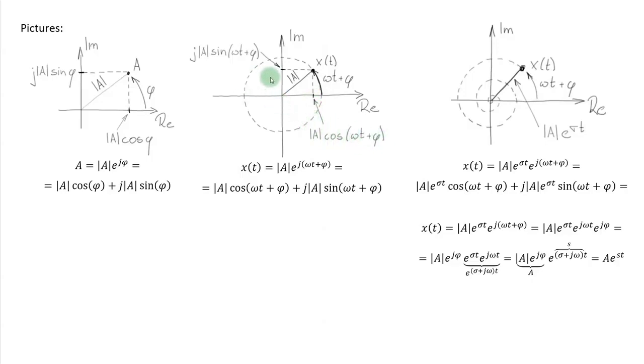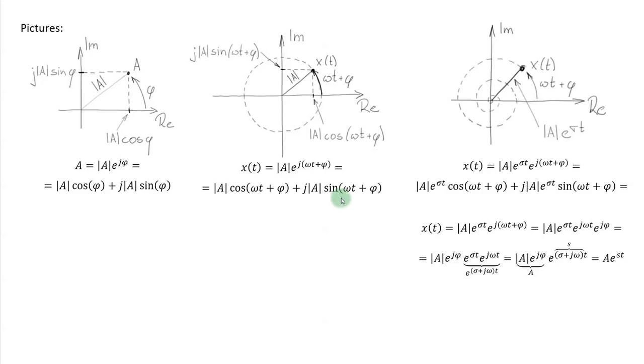And when I want to express the imaginary part of my signal, I can write it as j times the magnitude times the sine of omega t plus phi. So using this, I can write my signal in this polar form or in this rectangular form. And in this rectangular form, the real part contains a cosine and the imaginary part contains a sine. This signal actually already is a complex exponential, but here the cosine and sine have constant amplitude and we do not have any way how to make it increase or decrease over time.